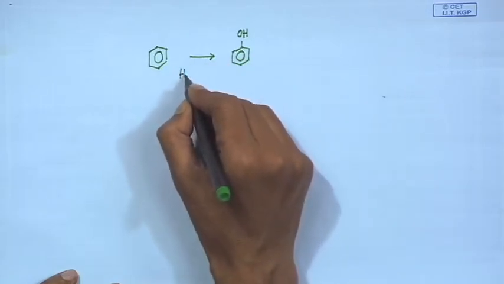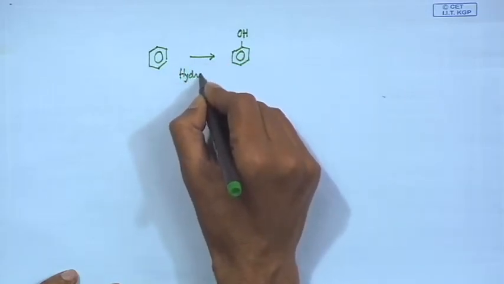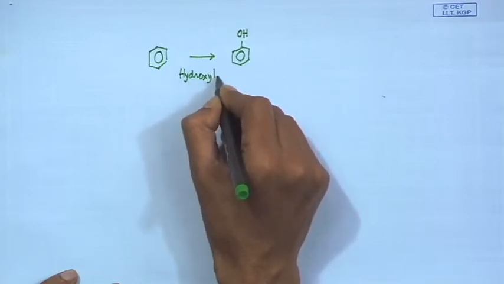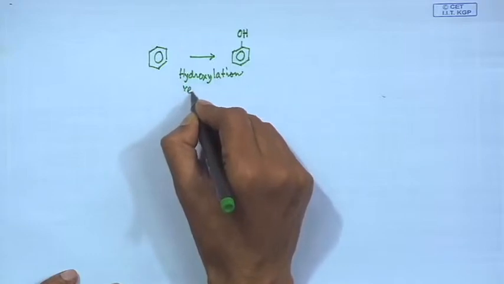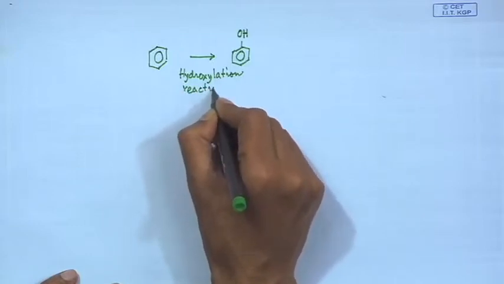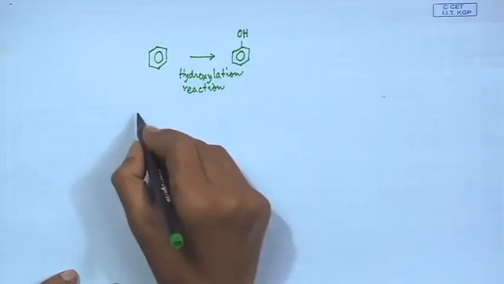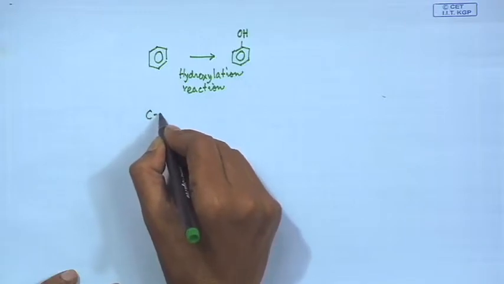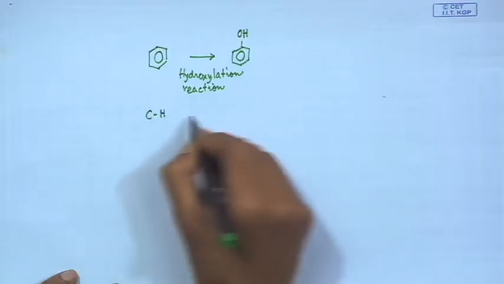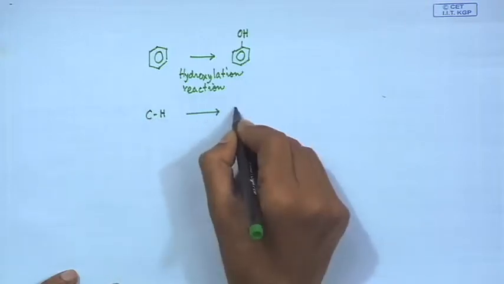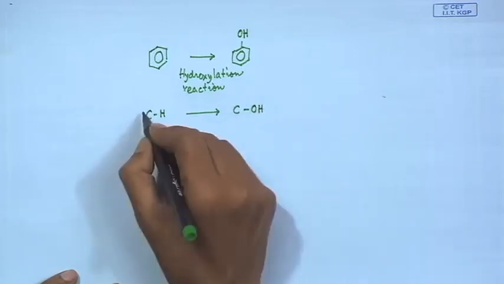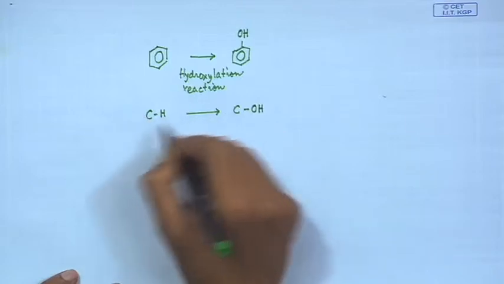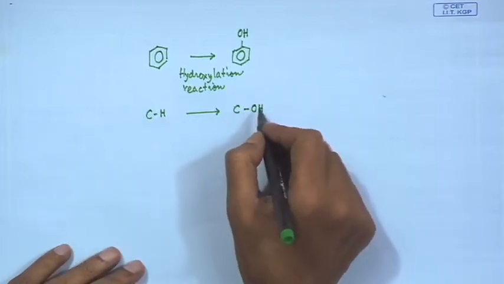We consider this a hydroxylation reaction. So, on the left we had a CH function, and on the right we are getting a COH function.